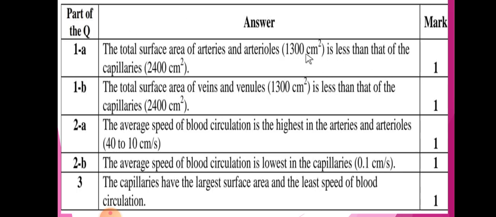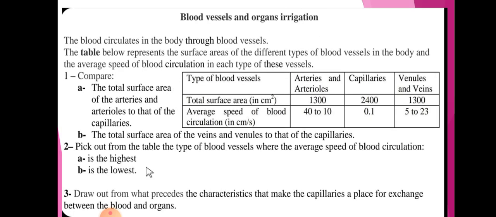I have to state the number with the unit, because without the unit you lose half a mark. The total surface area of the arteries and arteriole is less than that of the capillaries, which is 2400 centimeter cube. Now question B, we have to compare the total surface area of the veins and the venule to that of the capillaries.